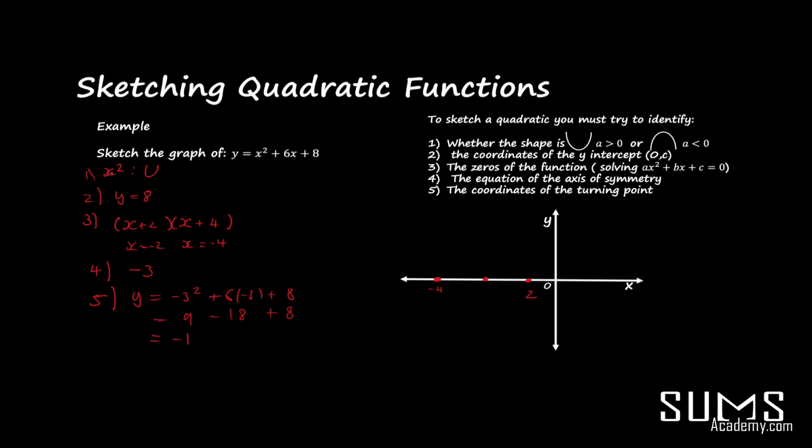Because this is a positive x squared, the minimum turning point occurs at x equals minus 3, and we know from here that our minimum turning point is at negative 1. So our graph is going to look something like this. That's it. That is the graph of y equals x squared plus 6x plus 8.